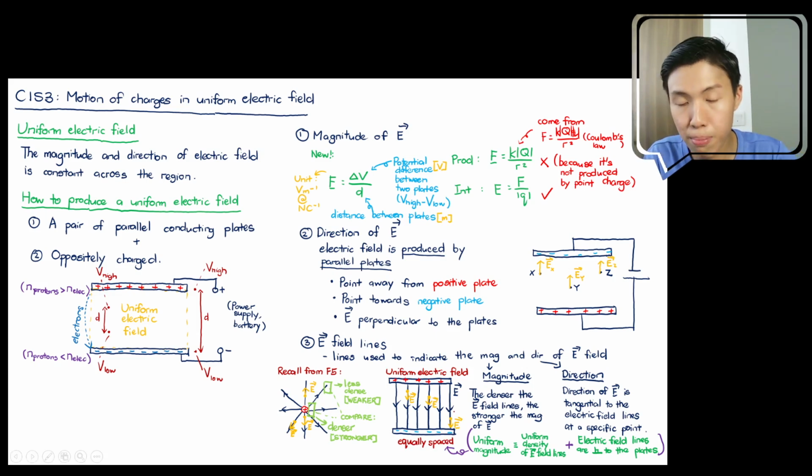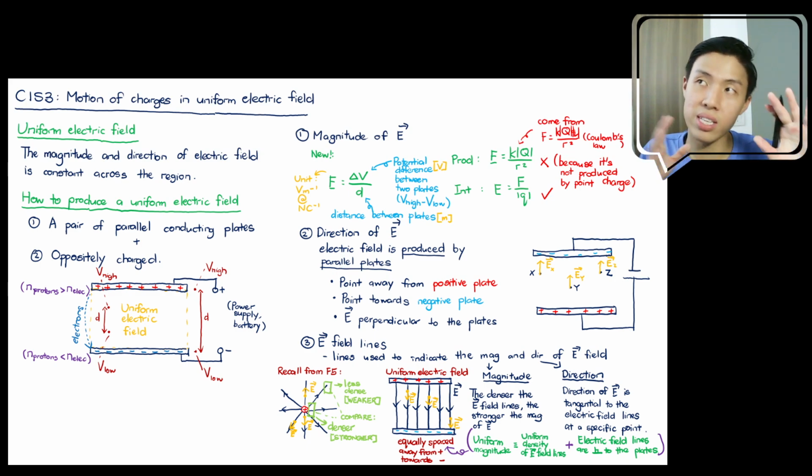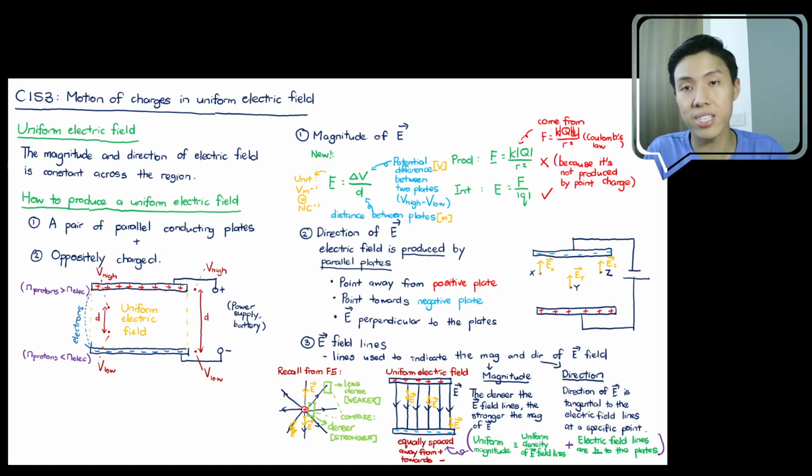Because they have the same magnitude, and the direction is away from the positive plate and towards the negative plate. Okay, so this is what you can think regarding the electric field lines produced by these parallel plates.